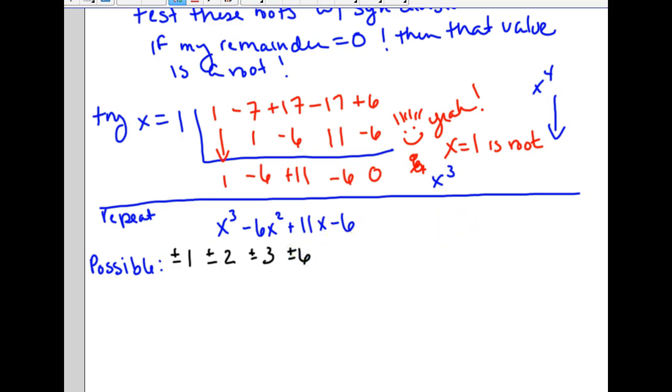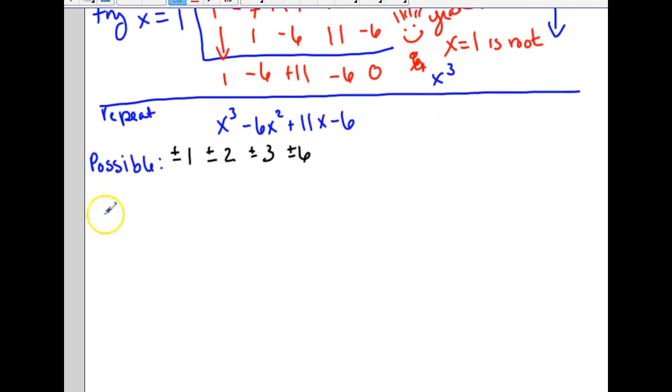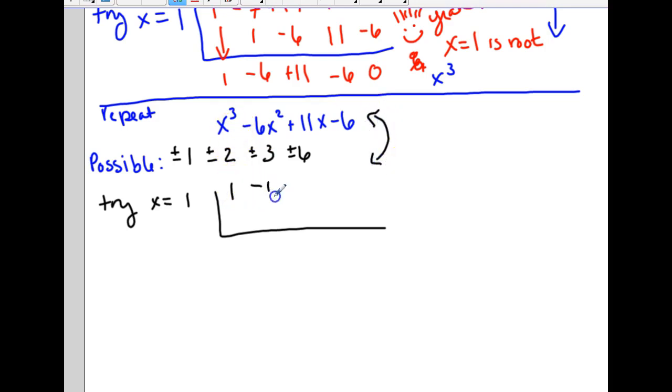Okay, so we're going to try another value from this list. And since I had such really good luck with x equals 1, I'm going to try it again, only my coefficients are coming from this equation here. So I get a 1, a minus 6, an 11, and a minus 6. Here's synthetic division. Drop it like it's hot.